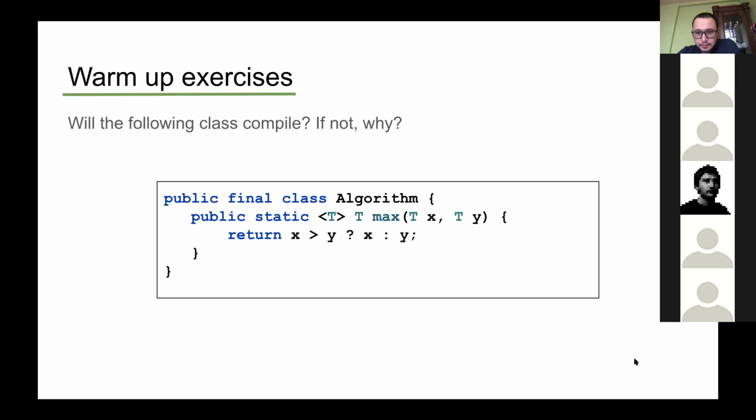I think it will compile. It will compile, right? Yeah. So you think that everything looks fine here, right? Thank you. May I answer? Yes. I think this code will compile, but there is a problem if, for example, there is no comparison operator defined for a class T, then it will throw an exception.